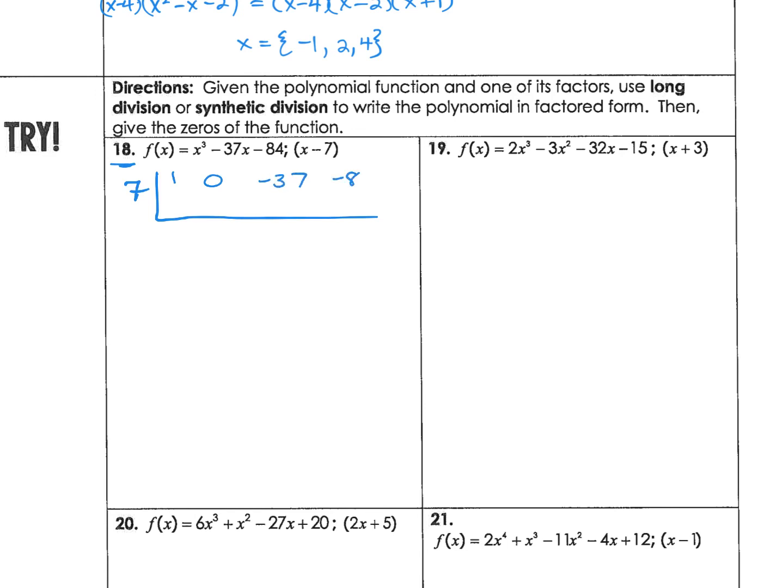Can anybody tell me a possible pitfall in number 18 you need to be careful about? Okay, so you go from x cubed to x, right? So we don't have an x squared term, so what do we need to make sure we do? Add a 0.